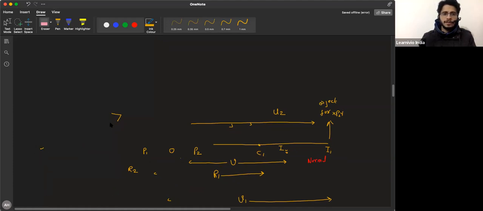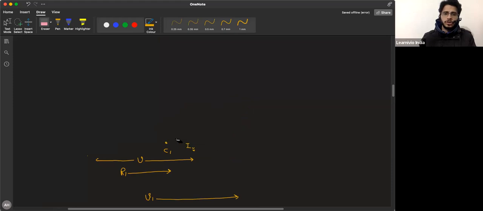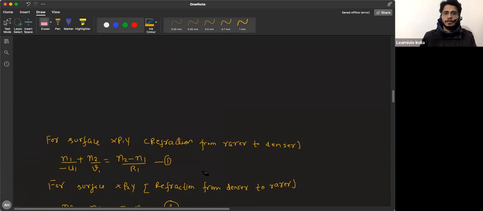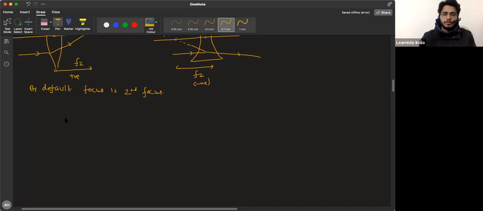If you look at the last 10 years of CBSE papers, you will find that in almost 4 years they gave this question. These two derivations together: the spherical refracting surface that we did in the last class, and this one, the lens maker formula.